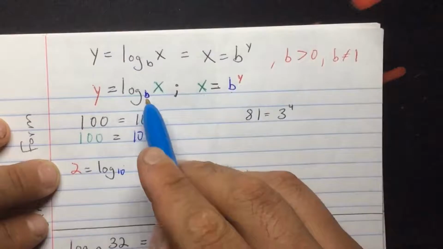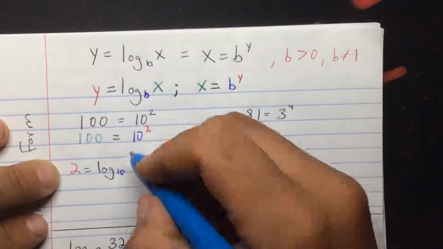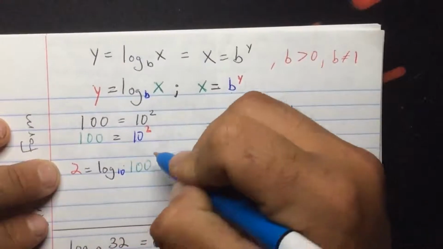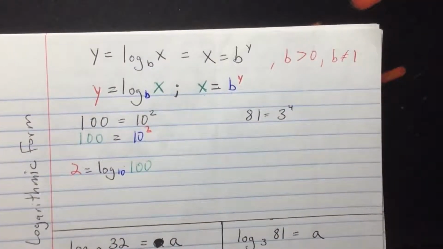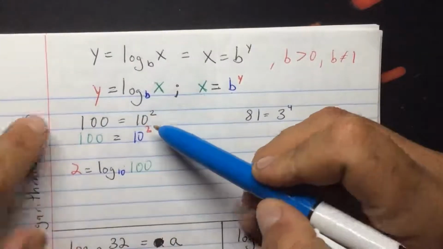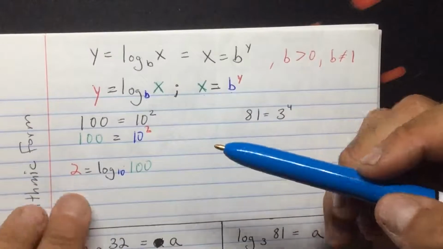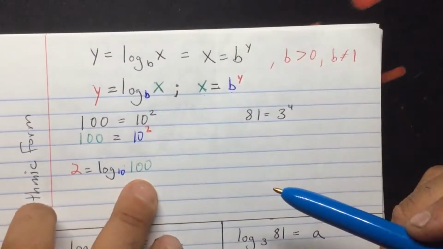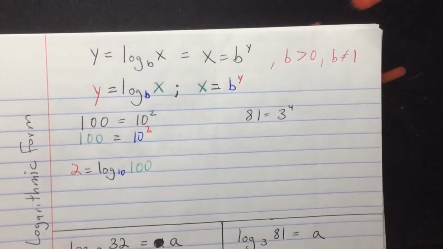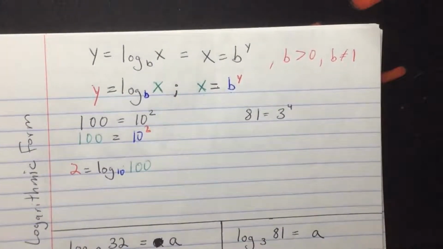If we don't have a number down here, it's usually going to be log base 10. And then we have our x, which is in green, 100 there. So this is how we would write the logarithmic form of this. 100 is equal to 10 squared would be, in logarithmic form, 2 is equal to log base 10 of 100. And you can see that because 10 squared equals 100.